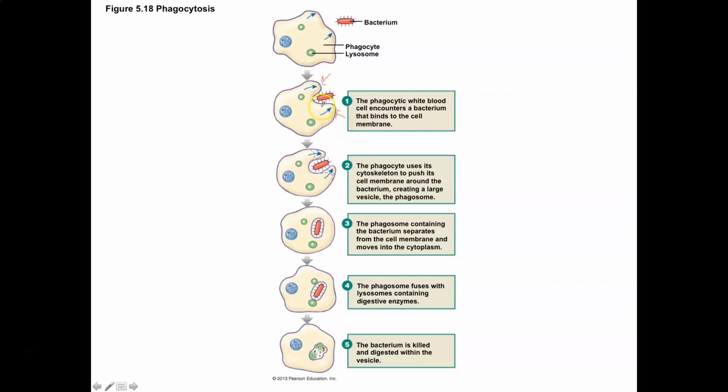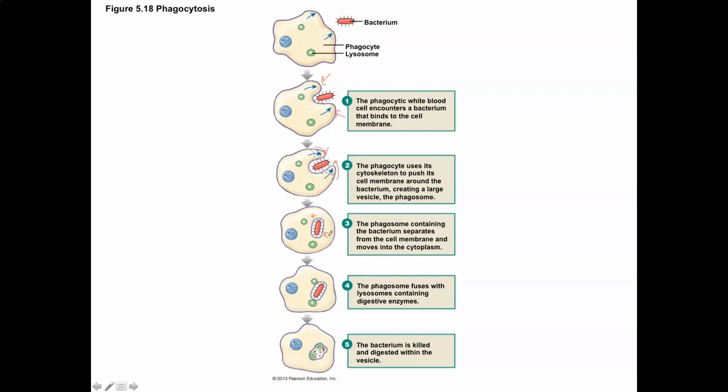And what's happening is we're using actin proteins, these basically contractile type proteins, to move the membrane around what you're trying to engulf. And so the pseudopods continue to extend around this bacterium until you put it into what's called a phagosome. The phagosome then pinches away, so you can now see the phagosome is inside of the cell.